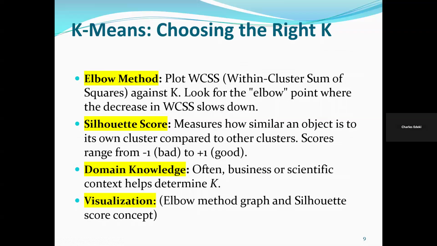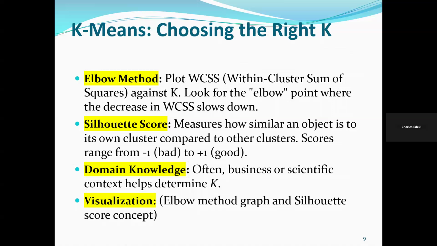Normally we don't get a perfect one, but somewhere from 0.5 to close to 1 is good. The higher average silhouette score indicates better defined clusters. That's the main thing here.